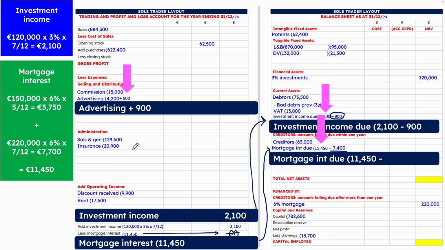So look, getting these bits done early is really useful because you're banking up a lot of marks, and as well you're creating the habit of looking for investment income due and loan interest due in other questions on the accounting course, which is a really valuable skill to have.